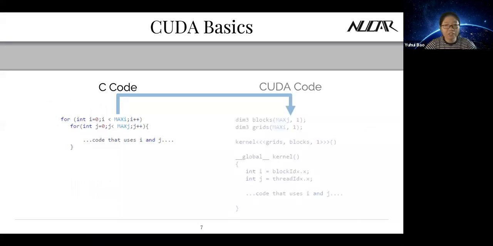So let's take a look at what CUDA looks like. On the left, you will see C code, which is a for loop. On the right side, you see the CUDA code. In the CUDA code, you will see blocks and grids. These are the concepts of CUDA, so please keep them in mind.